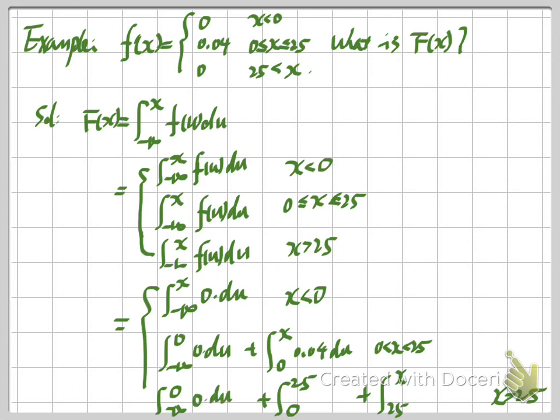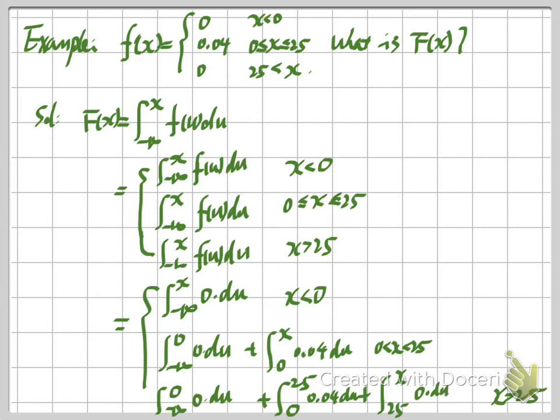And then for the second one, if we look at our definition for the PDF, we know this equals 0.04 du. And then for the last one, our PDF goes back to 0 after x is greater than 25. So that's why here it is 0 times du again.